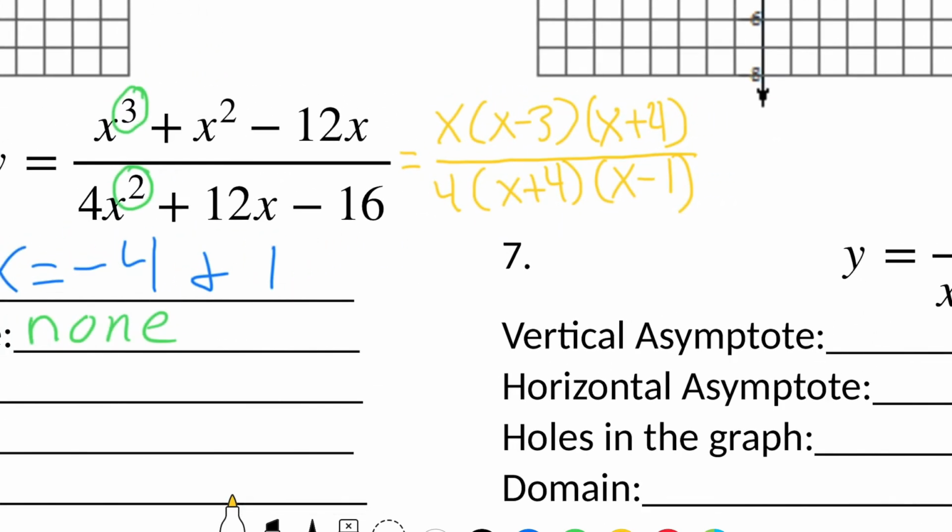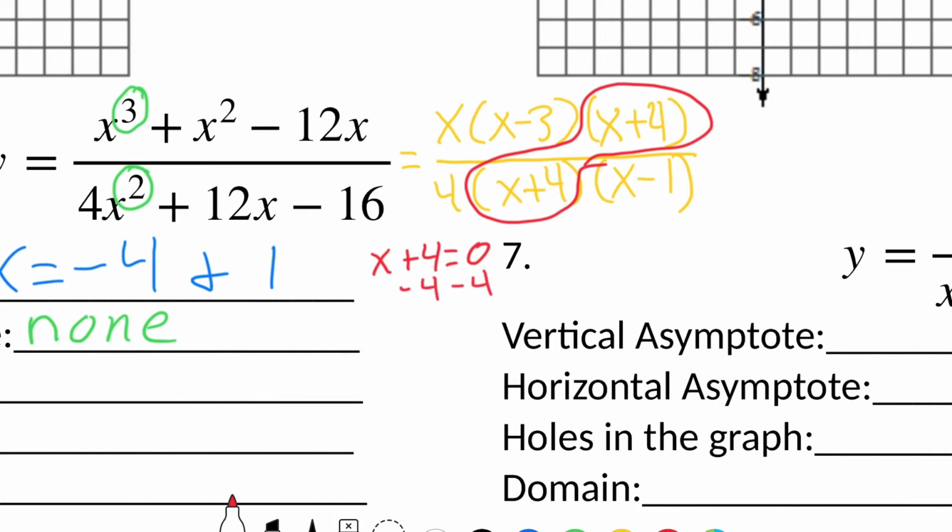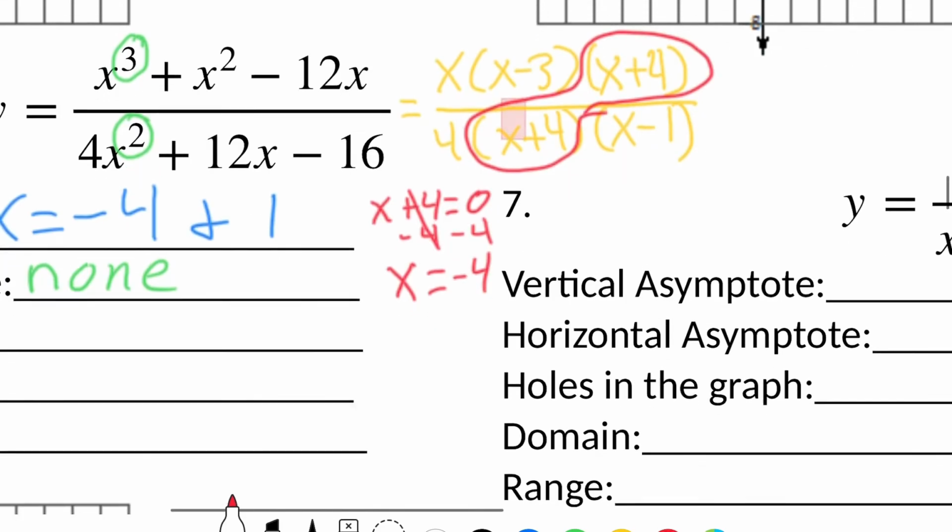So for our holes in the graph, we are looking at the fact that we have x plus 4 in both the numerator and denominator. So we're first going to take the common factor and set it equal to 0 and solve for x. So minus 4, minus 4. x equals negative 4.